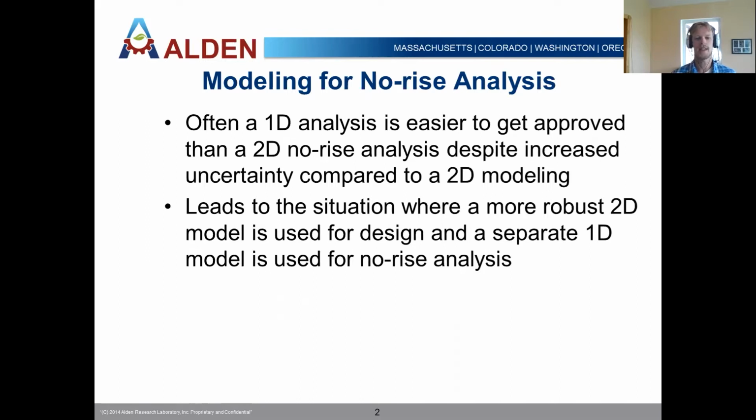So this often leads to a situation where a more robust 2D model is used for design, and then you have a separate 1D model that's used for no-rise analysis. I wanted to give this presentation to share some ideas for how to incorporate more robust 2D data into a no-rise analysis that could either be 1D or 2D.